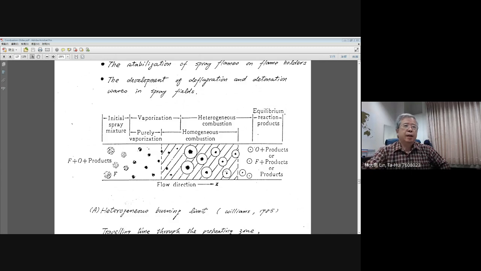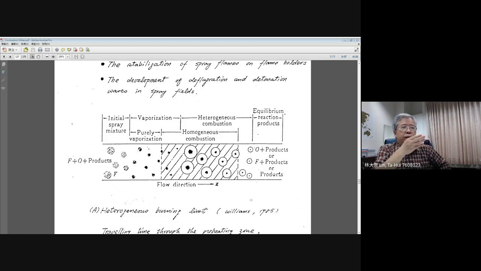Okay, and here you can see there is a region showing that a homogeneous combustion exists. It's just like a flame sheet of your premix flame. Now, in the premixture, you still have a certain amount of liquid fuel, right?